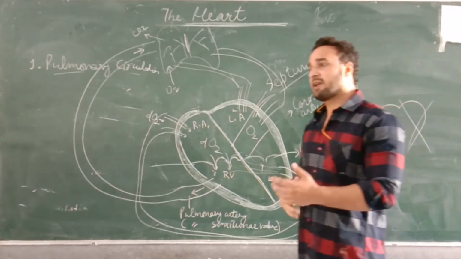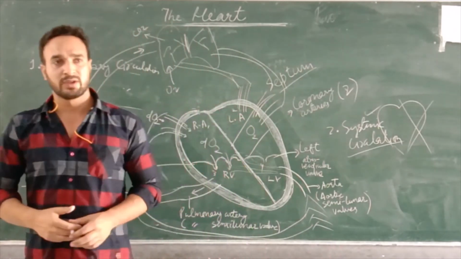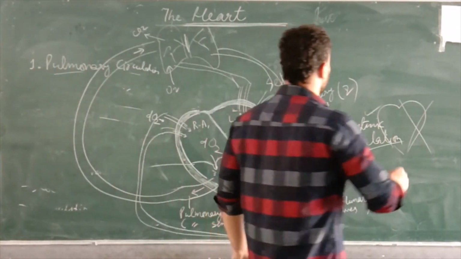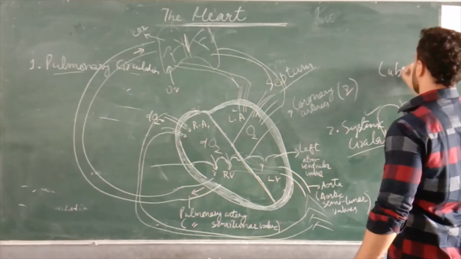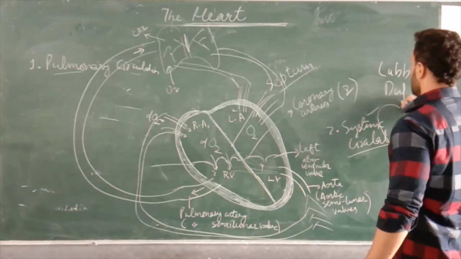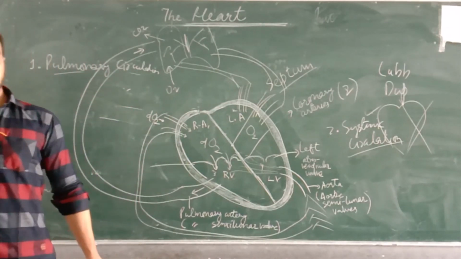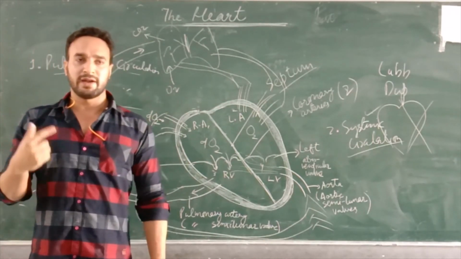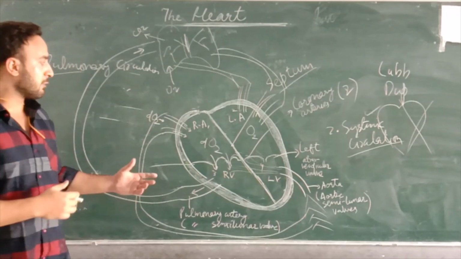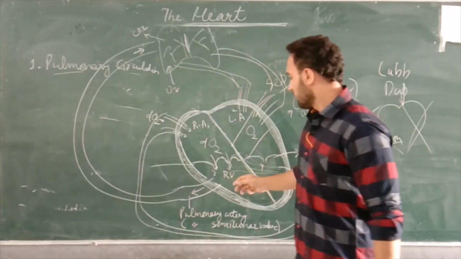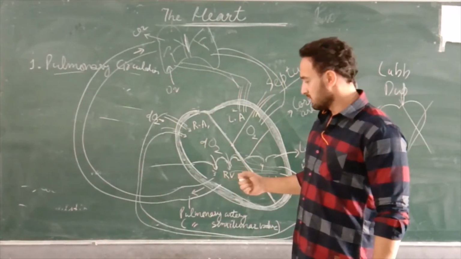So there are two kinds of sounds that you will hear. One is the lub and the other is the dup. Lub, dup. If you use a stethoscope and keep it near your heart, you will hear two kinds of sounds, lub and dup. The lub sound occurs when the ventricles contract.